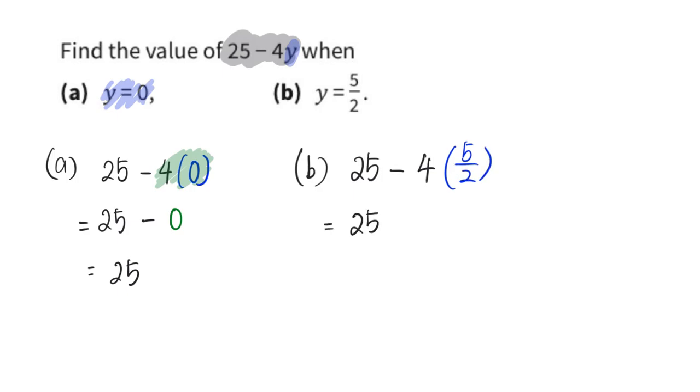And this will be equal to 4 times 5 over 2. This one we don't have to show the full set of working. This will be equal to 10, so that the final answer will be 15. And let's move on to the next question.